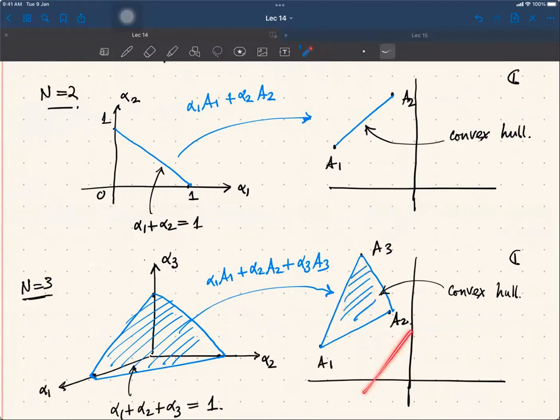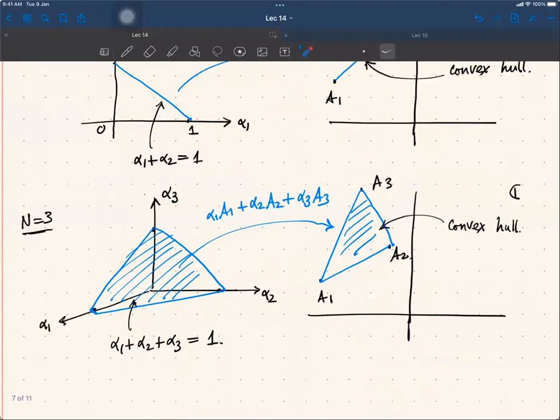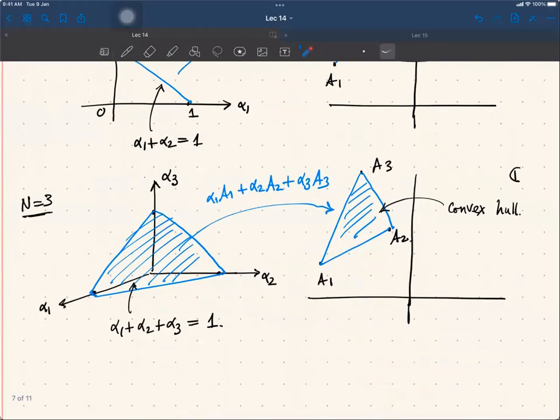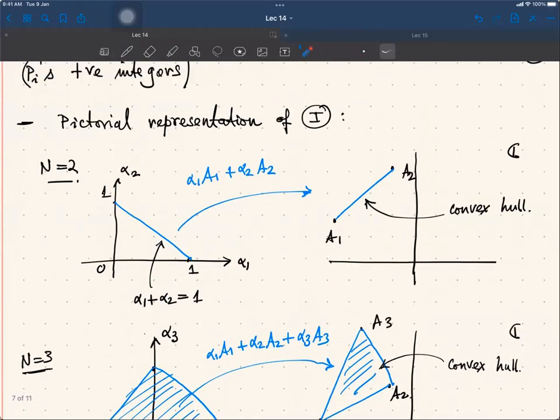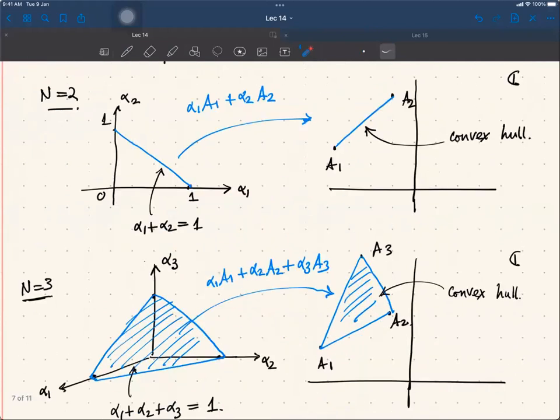If the integration region includes the origin, then at that point the denominator will go to 0 with a power of n, so that will diverge. Then this identity breaks down. You have to make sure that the origin is not in the convex hull of these complex numbers.